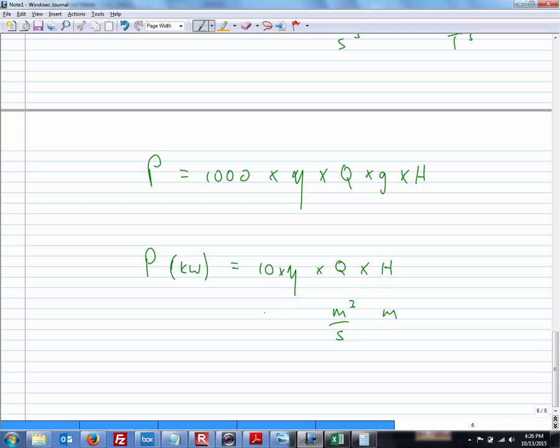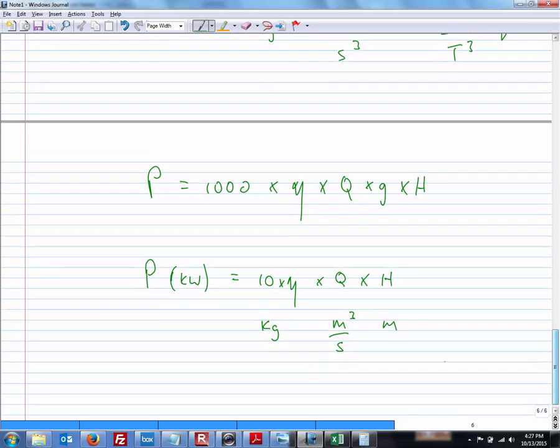So what we're missing here, this 10 combines kilograms. There's gravity thrown in there too. So you can see that gravity's sort of missing there. Anyway, at the end of the day, you're going to have a meters squared in the basement, and a seconds squared accompanying that 10 to get your actual power in kilowatts.